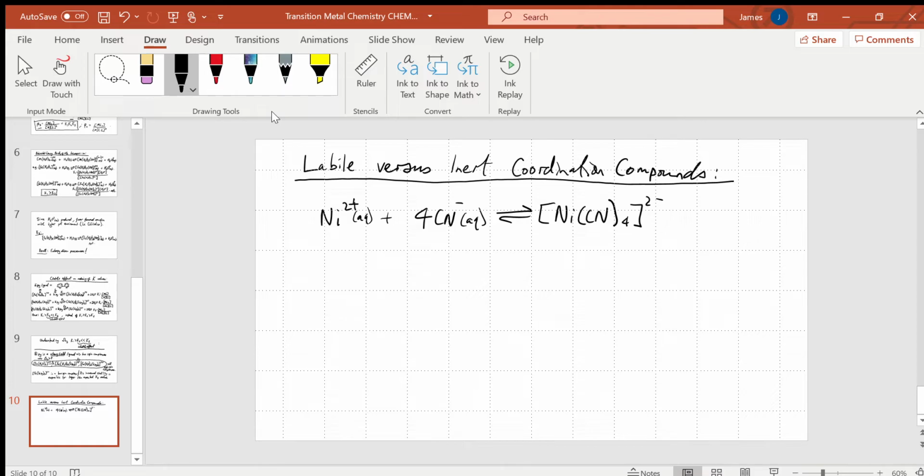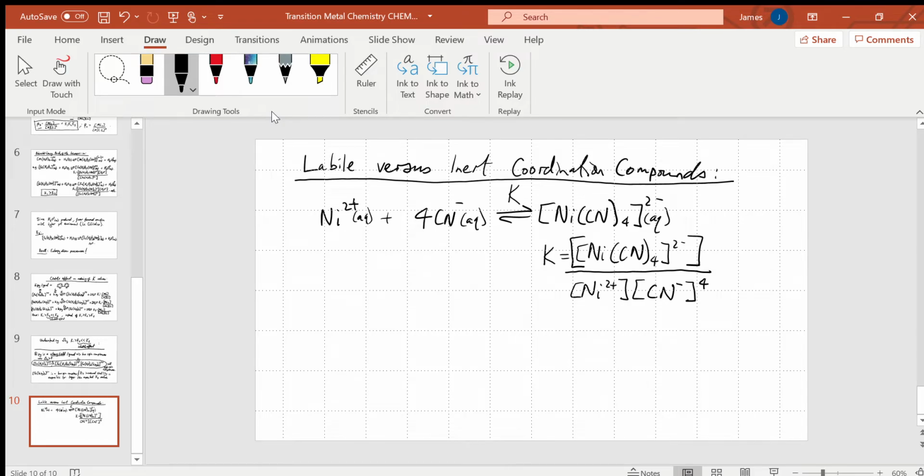And we can say that K here would be the concentration of the compound, so take the concentration of all of that stuff, which let's say is aqueous, and then we've got the concentration of our beginning nickel, and then the concentration of CN minus to the 4th power.